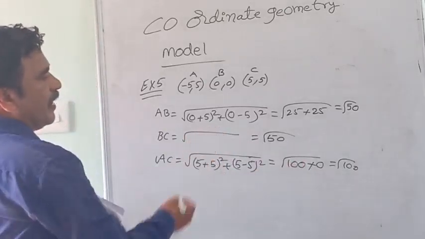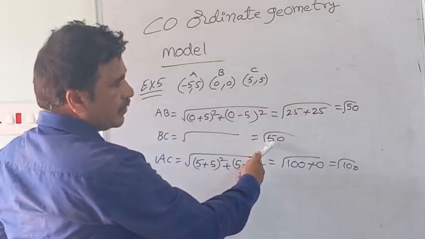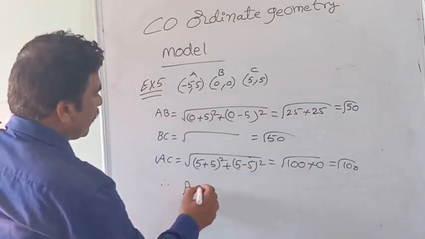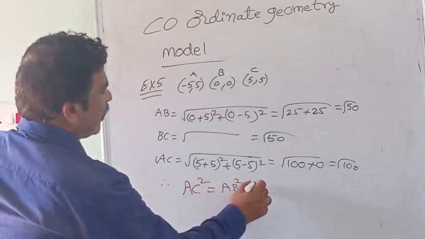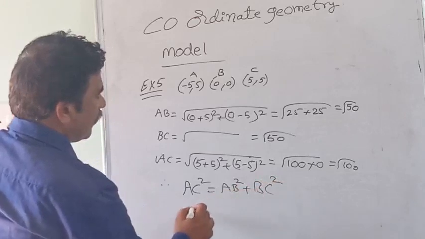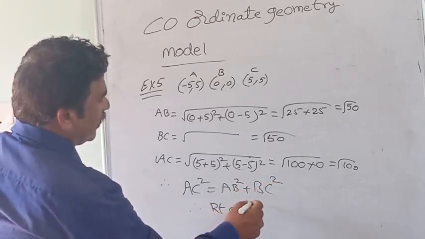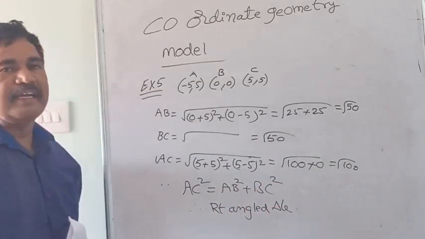What you are observing is the square of this plus the square of this is equal to the square of this. Therefore, AC square is equal to AB square plus BC square. So it is a right angled triangle.